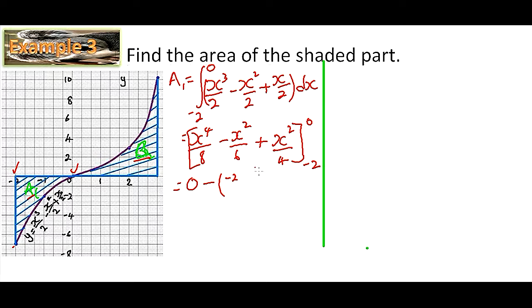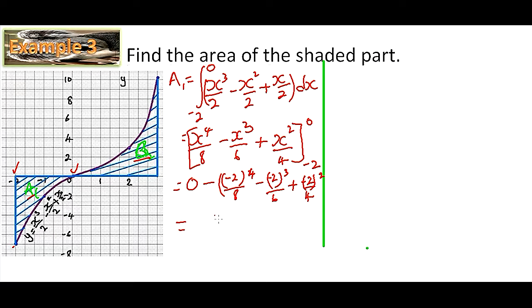So this is minus 2 to power 4 divided by 8, and then we have minus, this is x cubed, minus 2 cubed divided by 6, and then we have plus minus 2 to power 2 divided by 4.